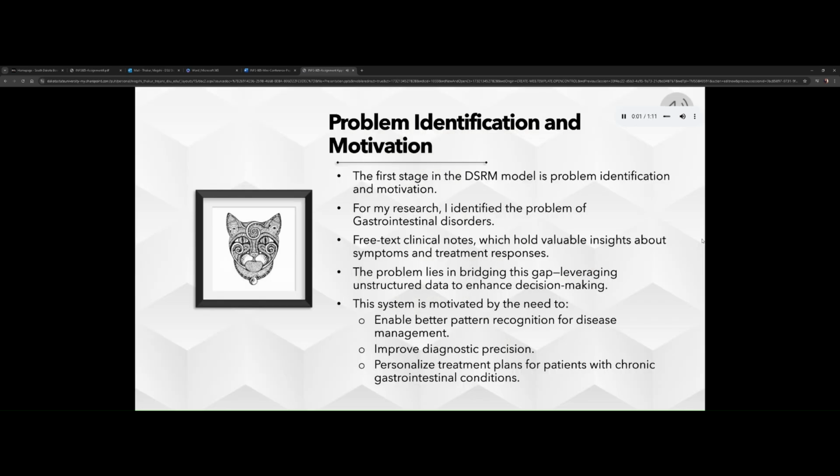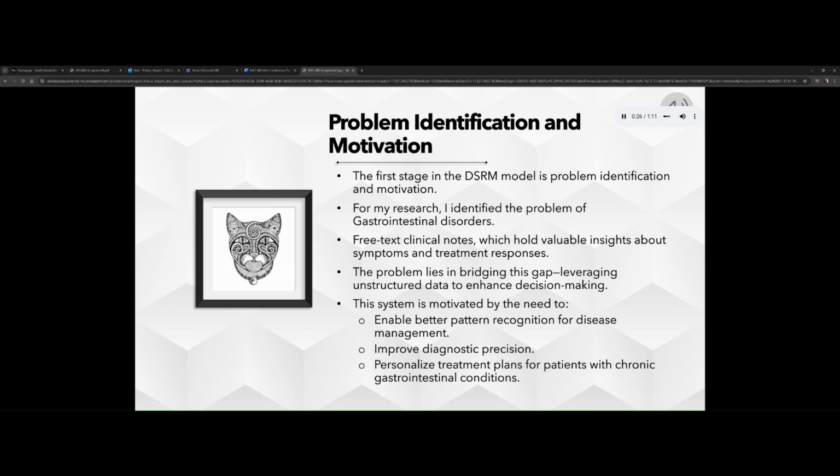Moving on to the next slide, problem identification and motivation. This is the first stage, which is identifying and motivating the research problem. As I said earlier, gastrointestinal disorders are challenging to manage because it is hard to evaluate their symptoms and variable patient experiences.